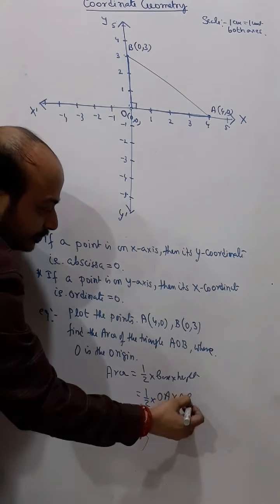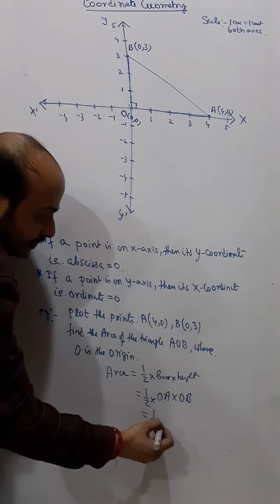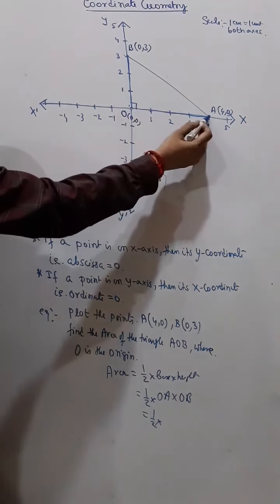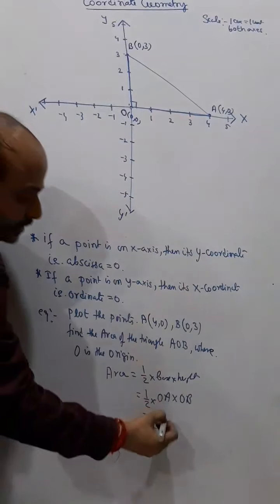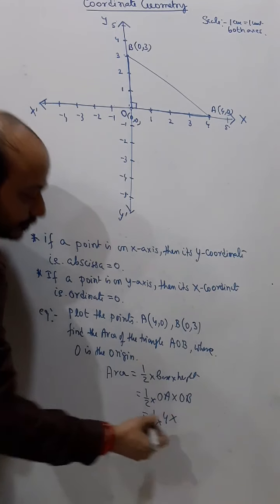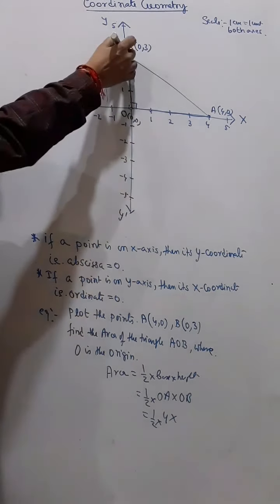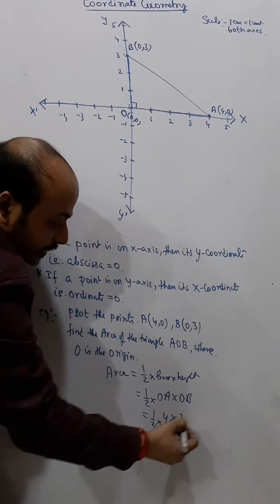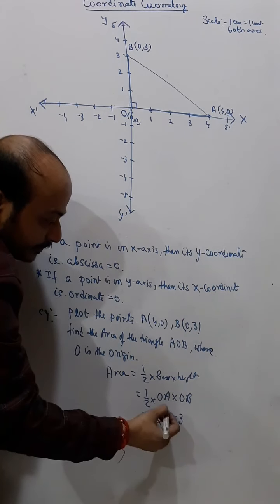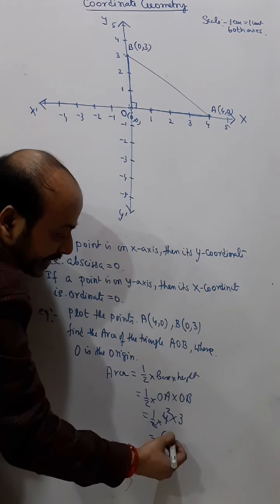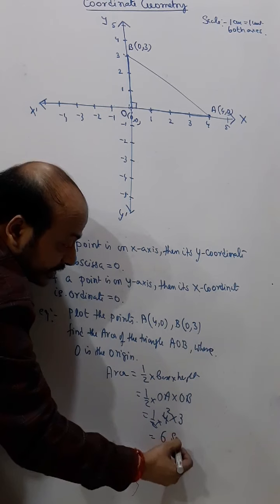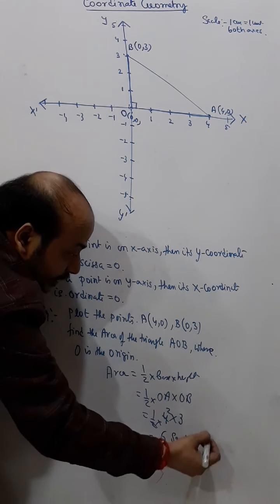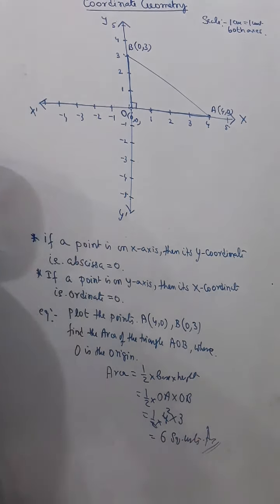OA you can see is 4 units, so you'll write 4. And OB is 3, so 3. And finally what you have? You have 6, and you will write 6 square units. So that is the answer. So this is how we can do this type of sum. Okay, understand?